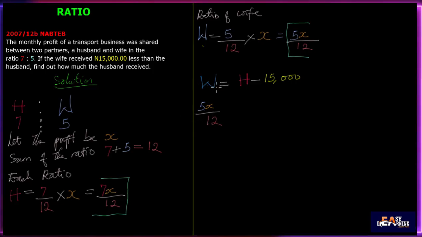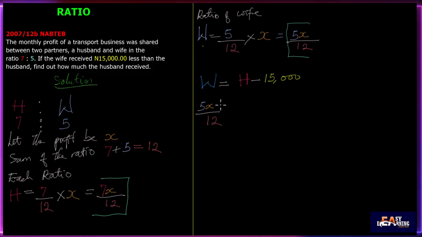That is the part of the share for the wife, and then we're going to have that of the husband, 7x over 12 for now.